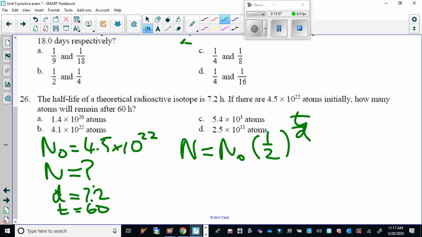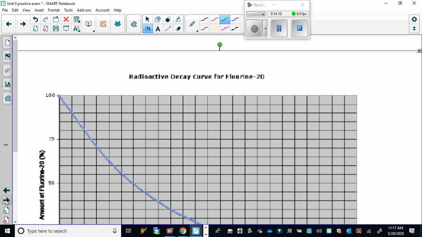Plug in the numbers, and you're going to end up getting 1.4 times 10 to the 20. The answer is A. Okay, can we get 1 or 2 more in?